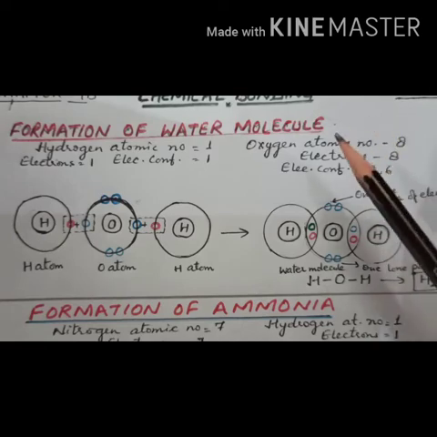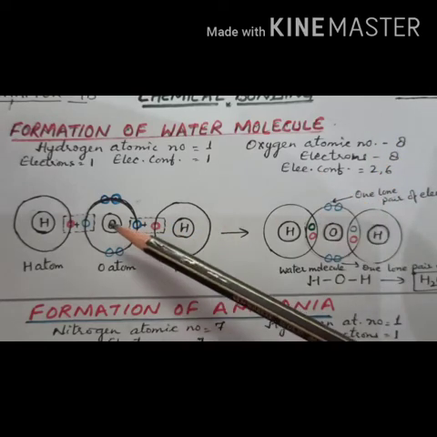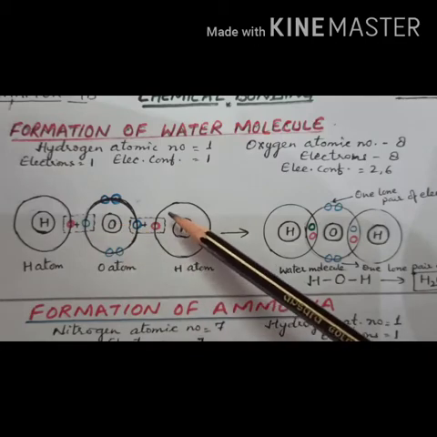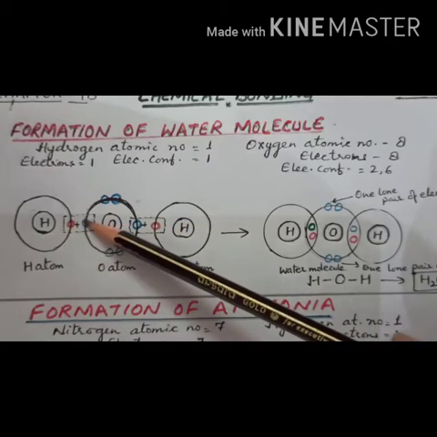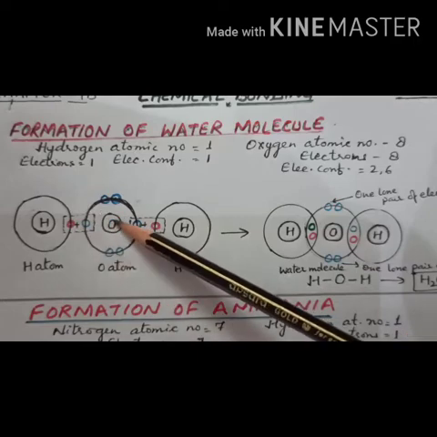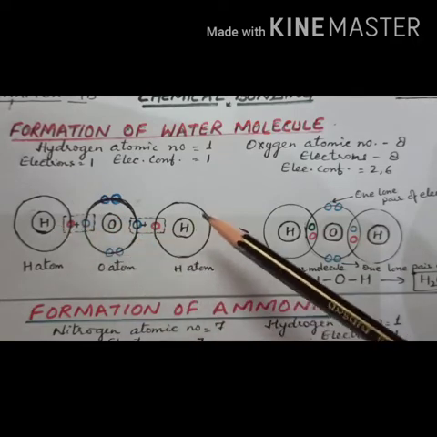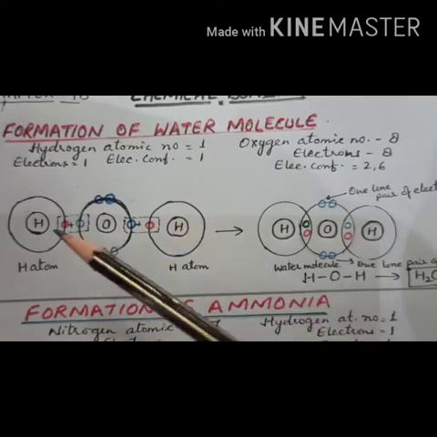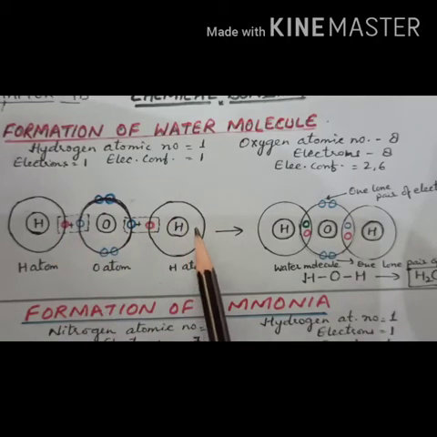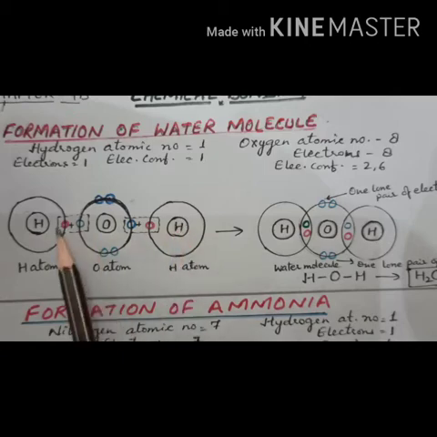Right? For that, what happens? This oxygen needs 2 electrons, right? But hydrogen needs only 1 electron. So oxygen combines with 2 atoms of hydrogen and shares 1 electron from each atom of hydrogen and then gets a stable electronic configuration. After sharing 1 electron, now just see.